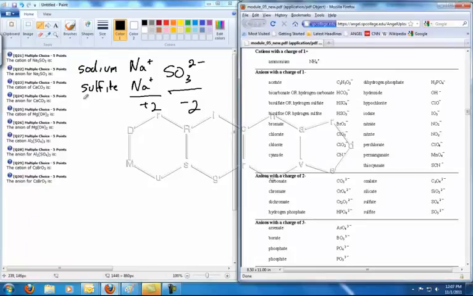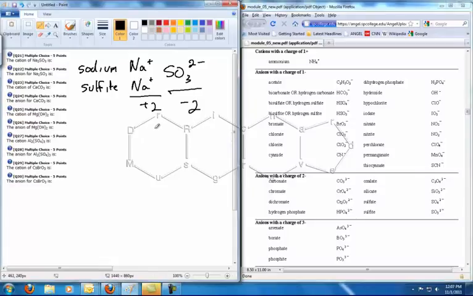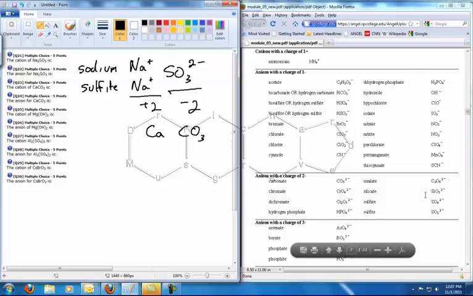We've got CaCO3, and that's going to be 1 Ca and then 1 CO3 group. Remember, we've only got 1 CO3. If there were more than one, we'd have that in parentheses. So we look up CO3 on here and we see the charge is -2, there it is.